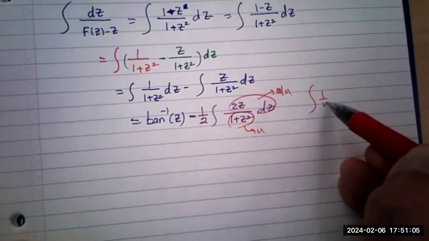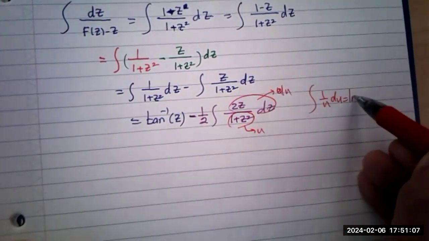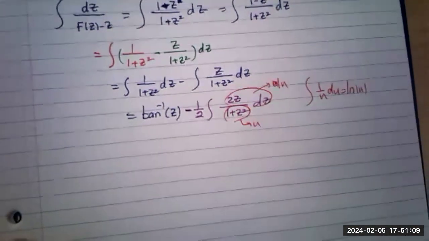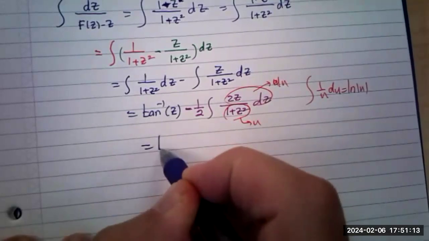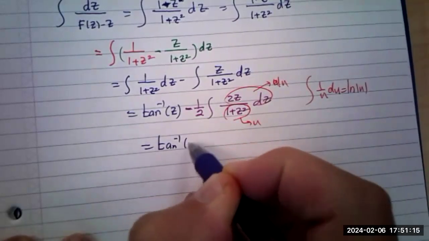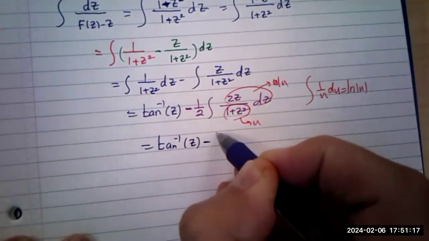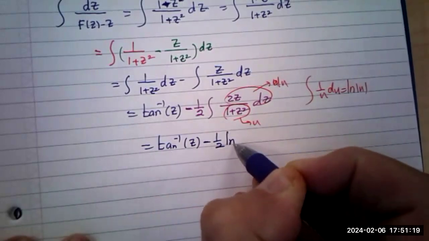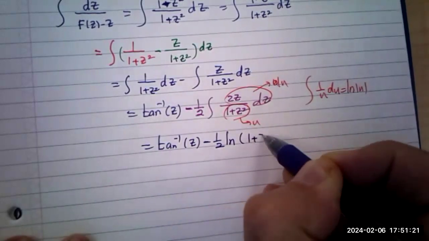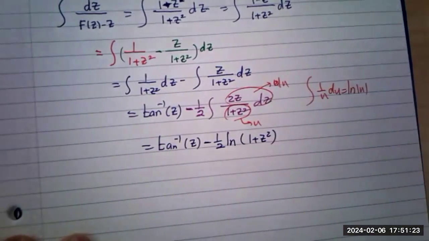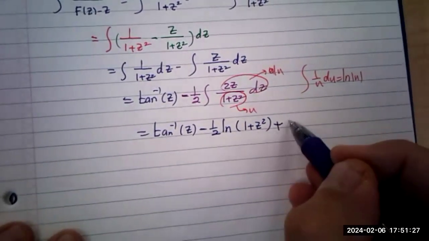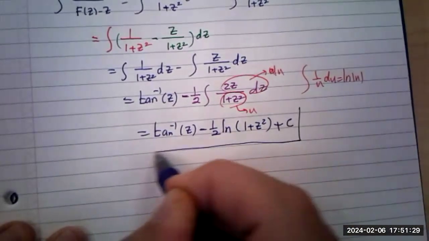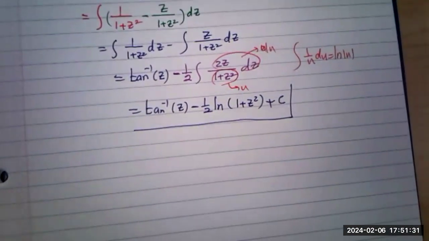So you integrate 1 over u du, which is the natural log. So now this is tan inverse of z minus 1/2 ln of 1 plus z squared. You don't need the absolute value because 1 plus z squared is a positive number. But remember constants. So this is the integral.